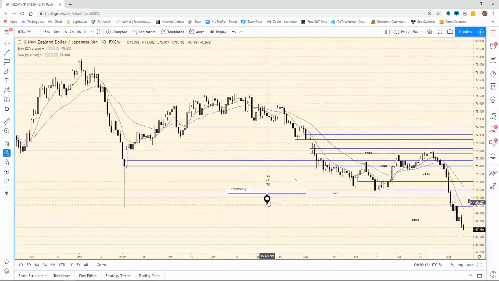The Kiwi yen found a pause after relentless selling of the last 2 weeks. The pair has the potential to move to 67.17. New shorts will come in full force at 69.45. Only a daily close above 70.50 will negate the downswing. So we're looking potentially for 67.17. Let's go on moving to the 2-hour chart.